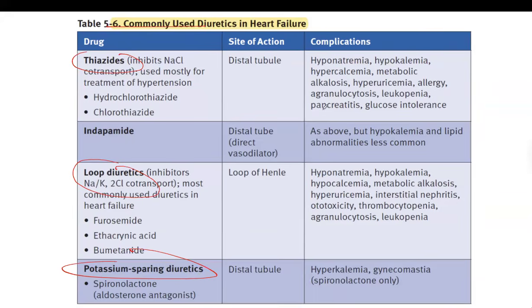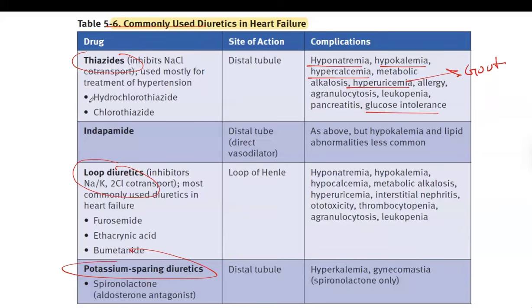Like thiazides can cause hyponatremia, it can reduce potassium, it can increase calcium, it can increase uric acid, so we don't give this to patient who has gout. It can also cause impaired glucose tolerance. So someone who has got a very high uncontrolled diabetes, thiazide diuretics is not the best option for them.